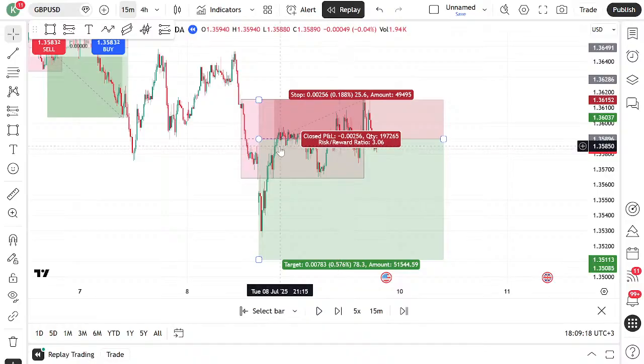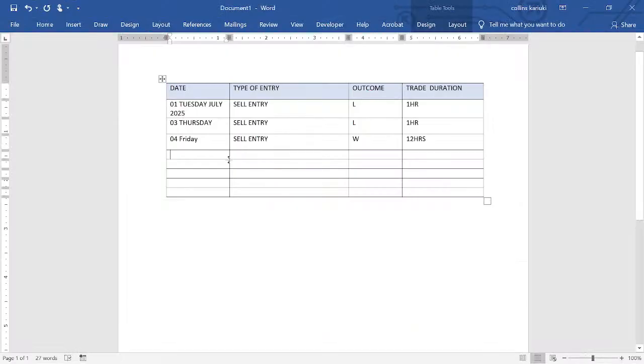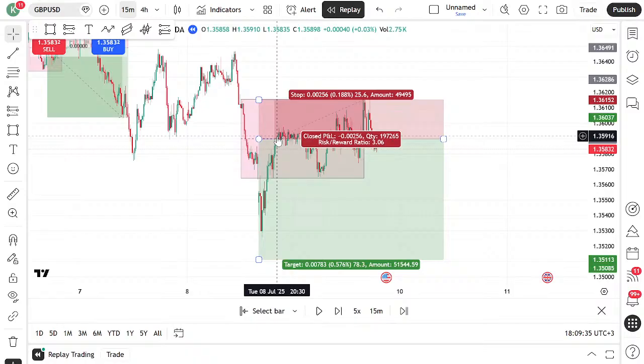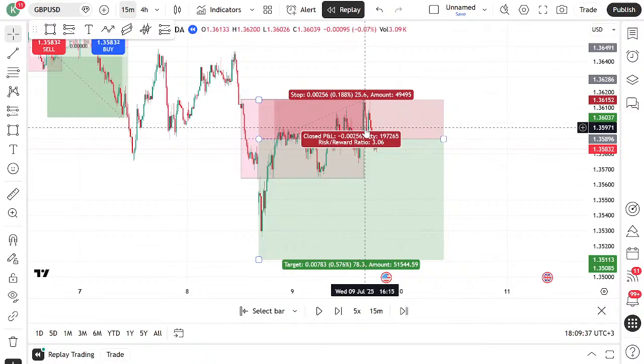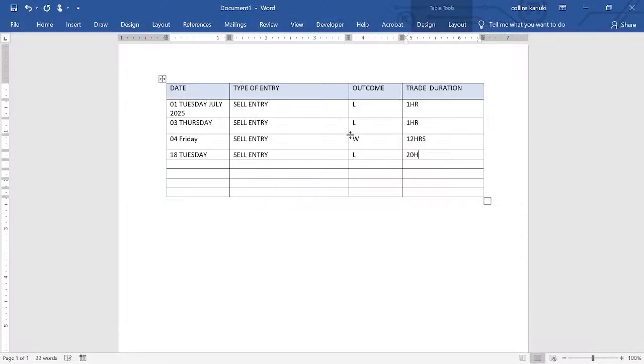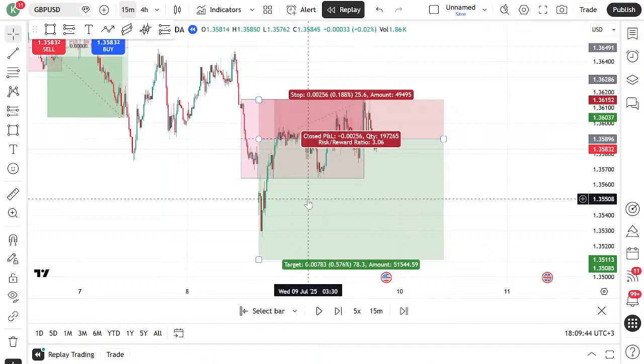We entered the trade on Tuesday. It's Tuesday, had another sell entry, which resulted in a loss. We entered it at Tuesday 2030 and it closed at Wednesday 16, so that is around 20 hours of holding. Okay, let's move on.